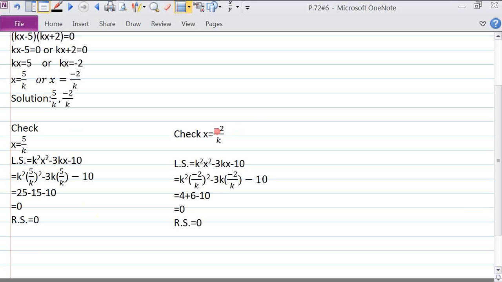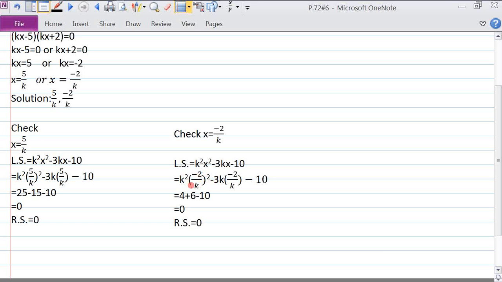Let's check with minus 2 over k. K squared x squared. Instead of x, we write minus 2 over k all squared. Minus 3k is right here. X is minus 2 over k minus 10. Now this becomes 4 over k squared.